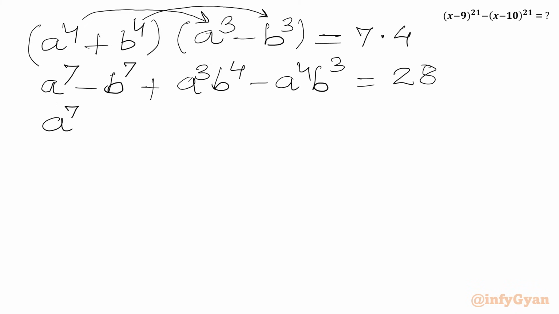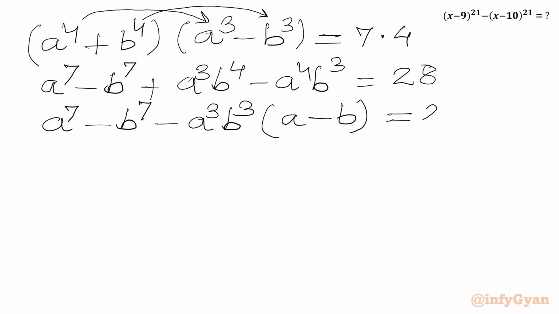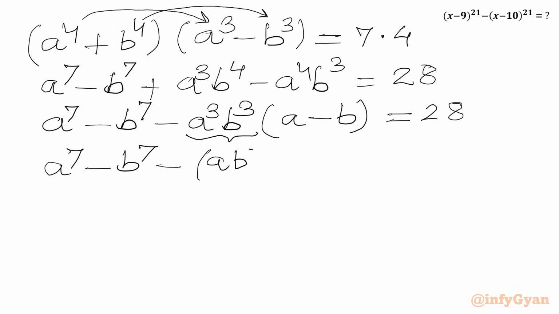Or we can write a power 7 minus b power 7. We'll take minus a cube b cube common. So in the bracket we get a minus b, equal to 28. Now a cube b cube we will write as (ab) whole cube. So minus of (ab) whole cube times (a minus b) equal to 28.